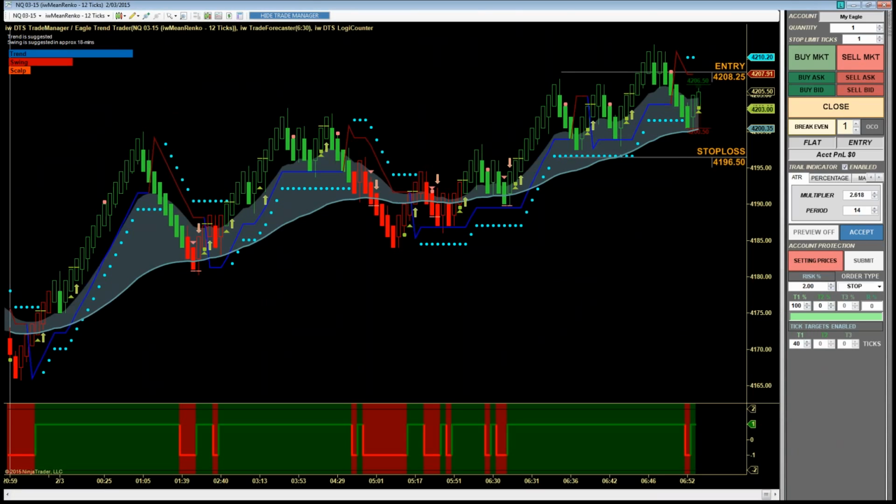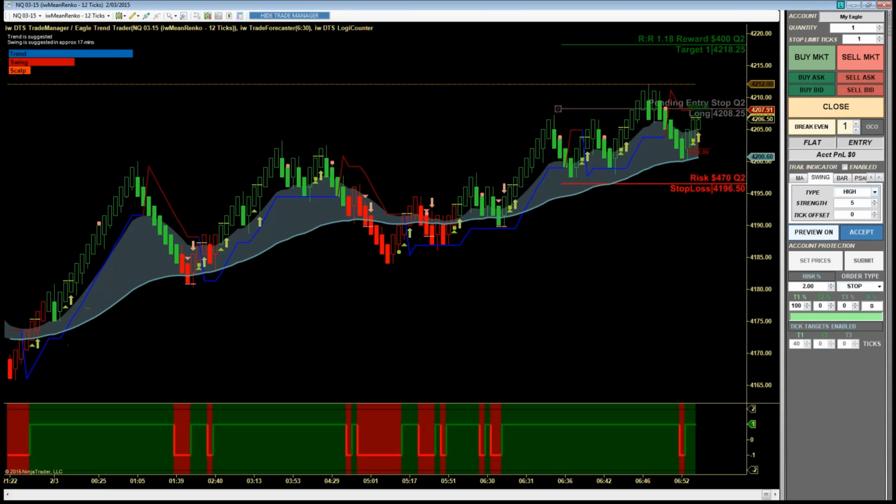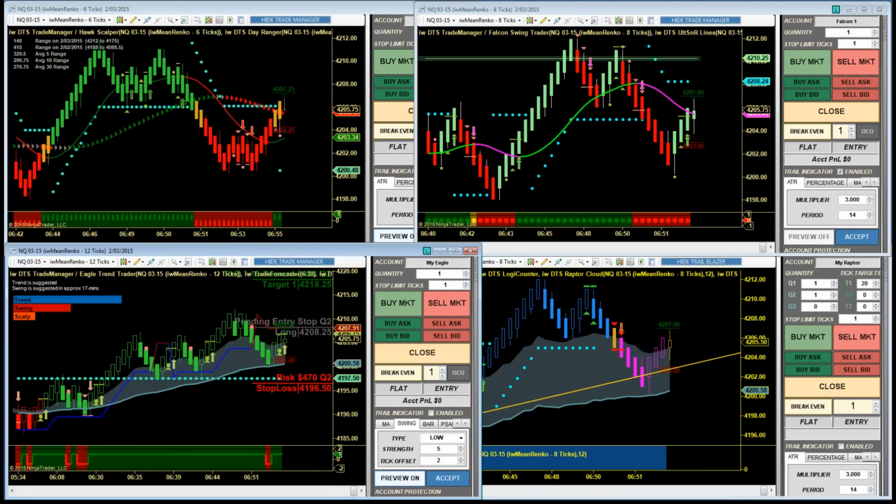Okay, we're working on a warning dot here on the Eagle. So I can park a buy signal. I may choose to go above the ATR, and I'm going to try to cover it right down there. I think I'm going to go with a swing low, just given the way the market is today.